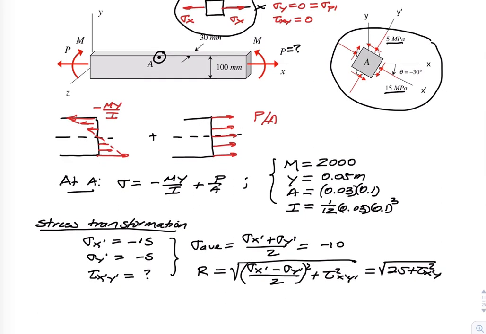So therefore, we know that sigma x is equal to the first principal stress.